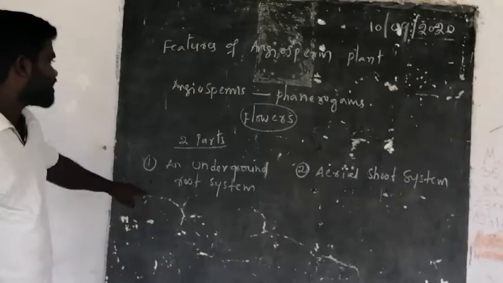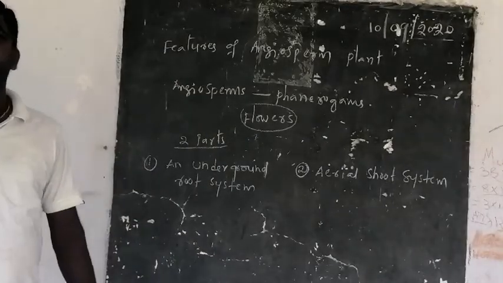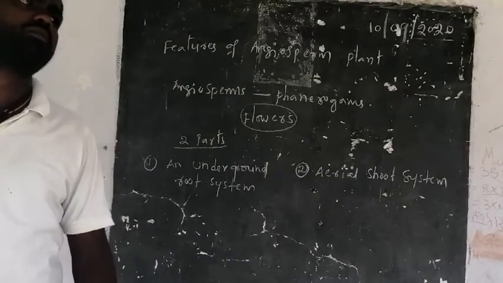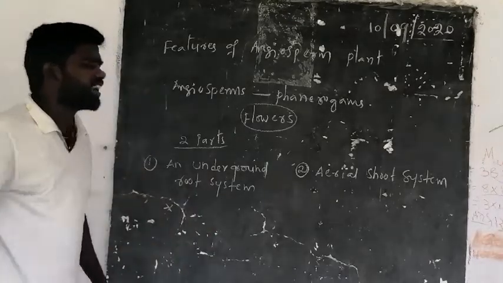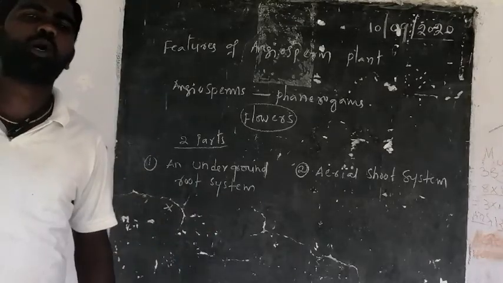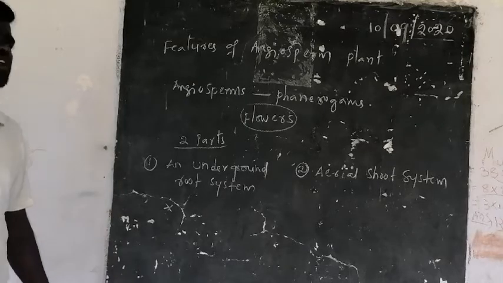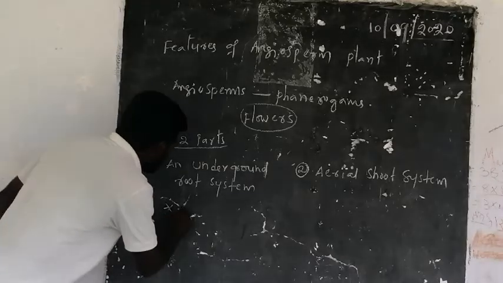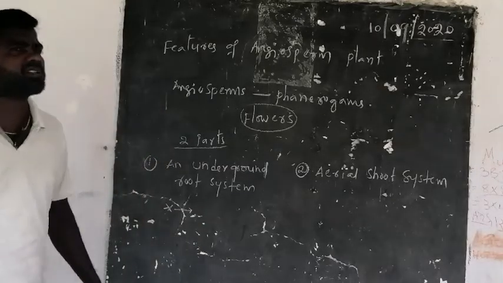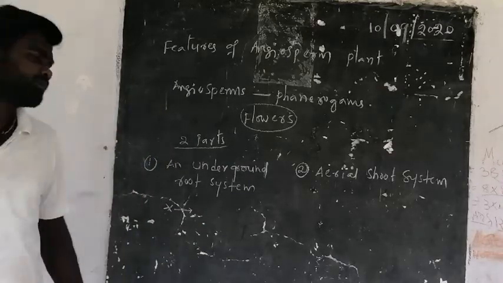This underground root system helps for support and absorption of mineral nutrients from the soil. What is the purpose of this underground root system?